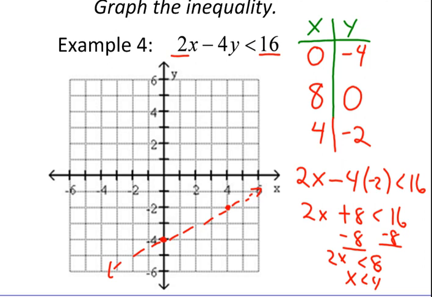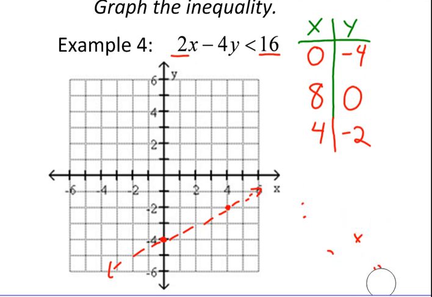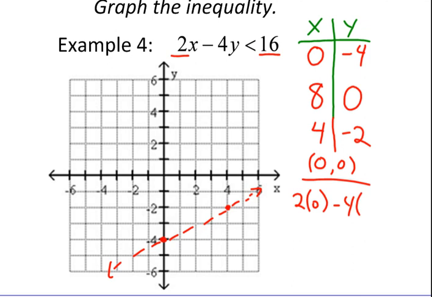Okay, so now we're going to use a test point. I'm going to use the test point 0, 0. Plug it in, so I got 2 times 0 minus 4 times 0. Is that less than 16? Well, is 0 less than 16?